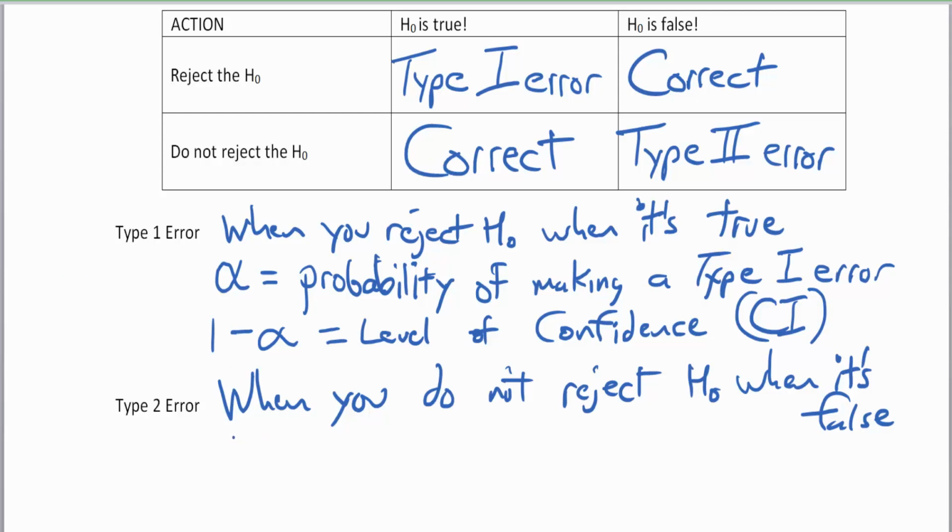Okay, so in a type 2 error, the Greek letter is beta, and that beta is the probability of making a type 2 error.